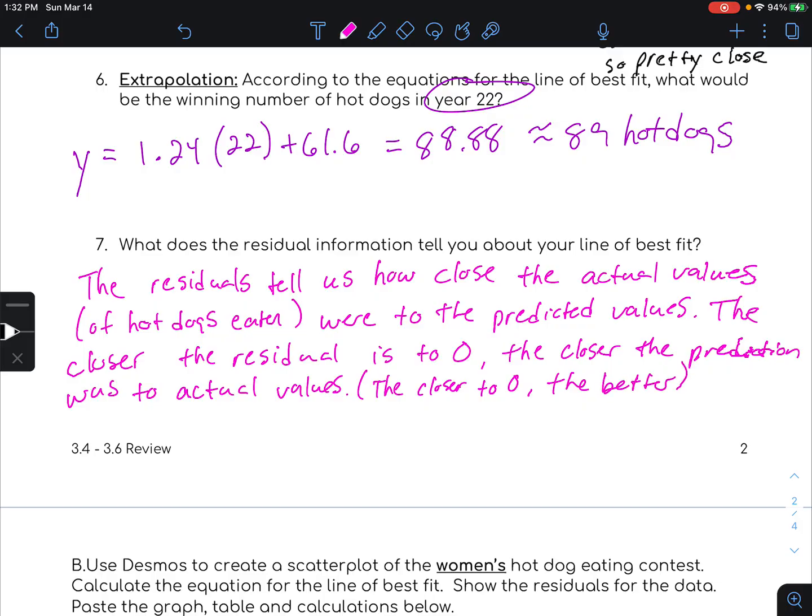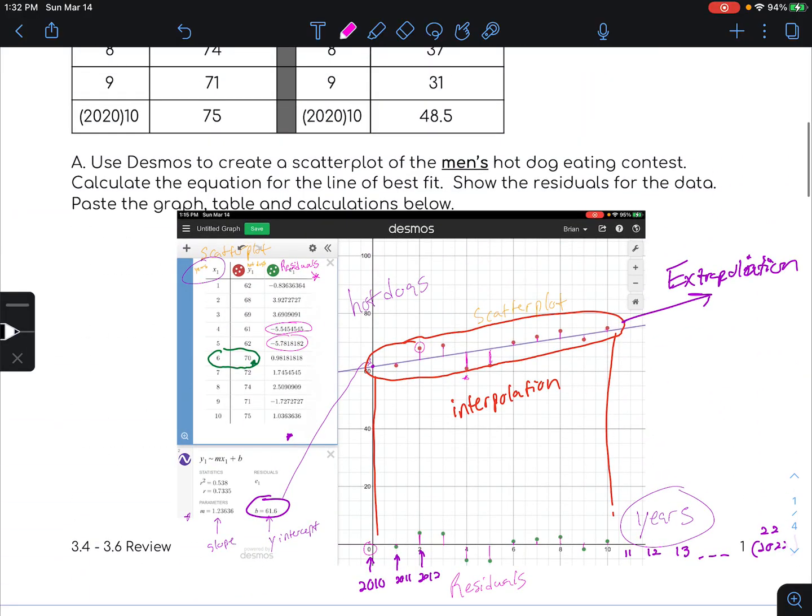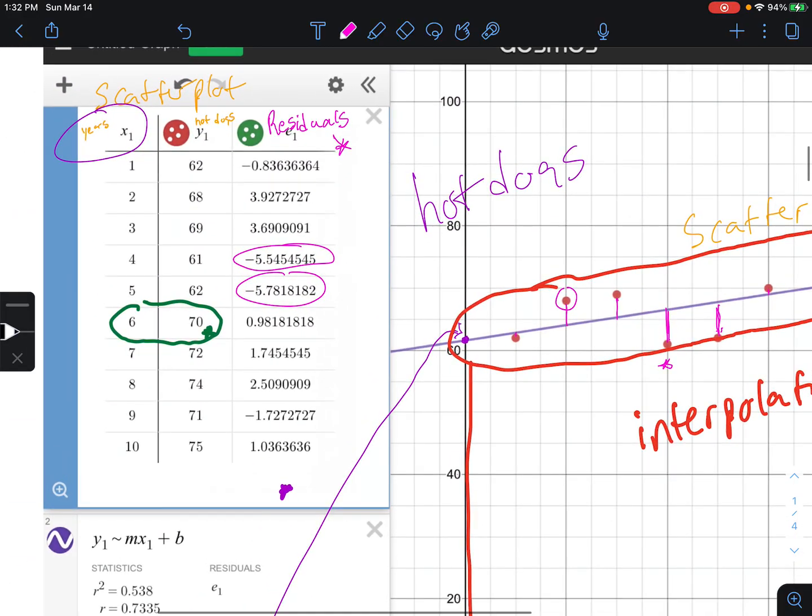Now, looking at our data here, which ones were relatively close to 0? Well, I mean, this one's pretty close to 0. This one. I'm looking at anything in the ones or less, I guess, in terms of distance. And then you've got some that are a little bit farther away from 0.